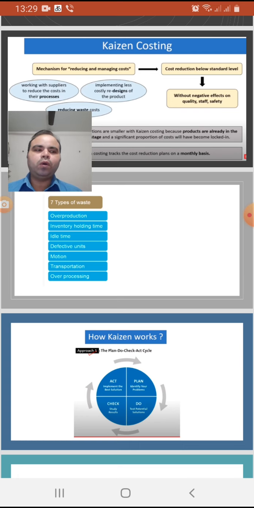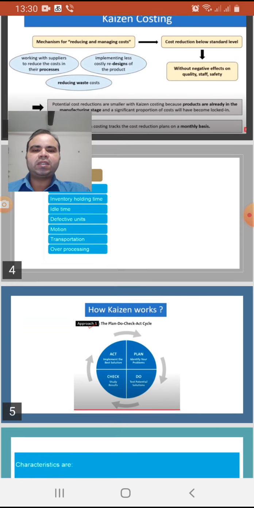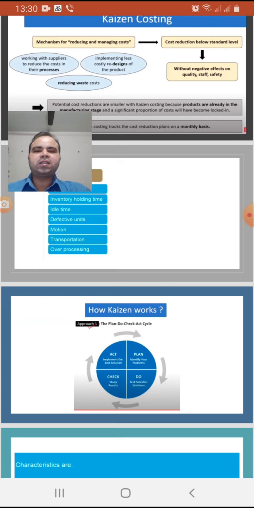As we all know, the more inventory holding time, the more cost it will be. Then reduce idle time to decrease the waste. Identify defective units quickly within the production system so that the waste can be reduced.